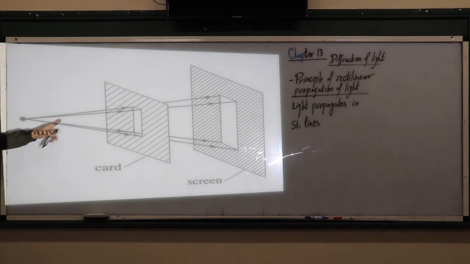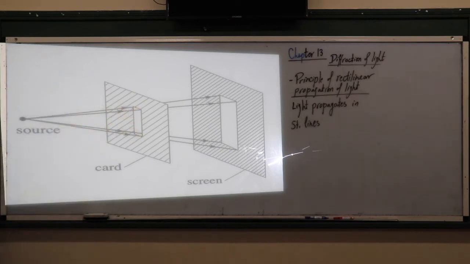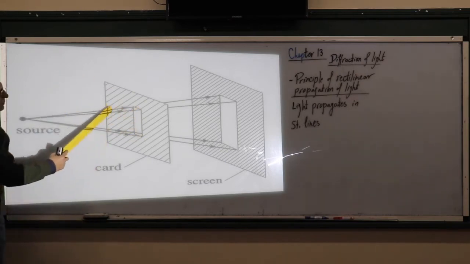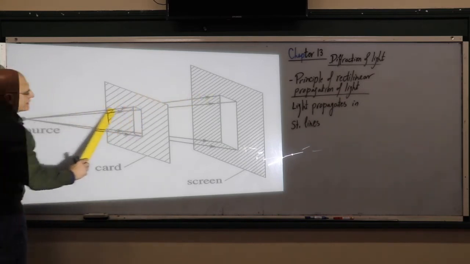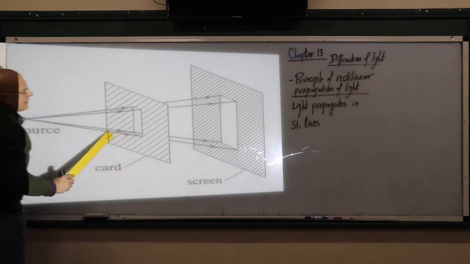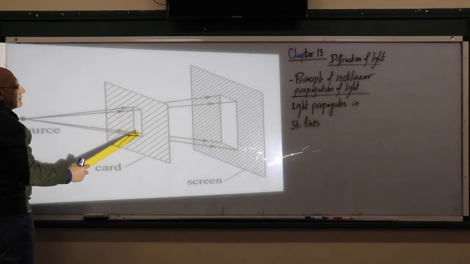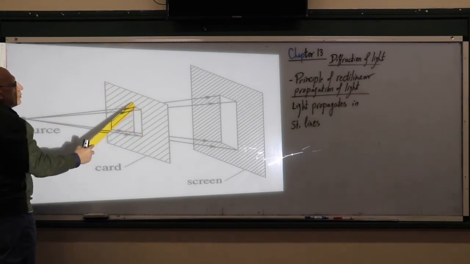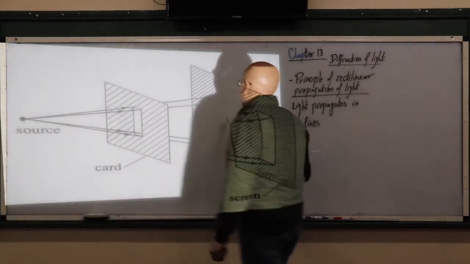Because of this, this beam is a divergent beam. So, if we look at the edges of the rectangular hole, light also propagates in a straight line. And so the image here is formed, which is similar to the shape of the hole, but larger here.